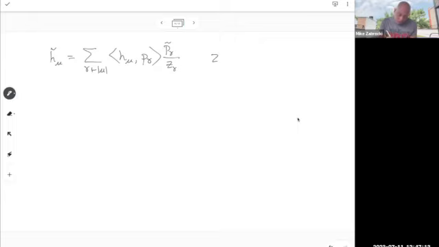And I'm going to define a second basis, the sum over gamma partitions of size of mu, and I'm going to put the scalar product with the Schur function.